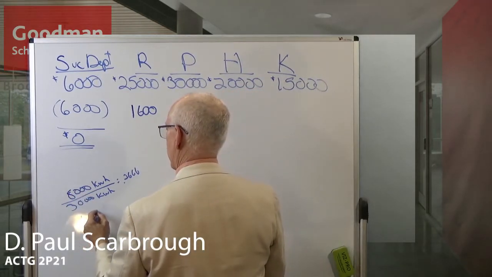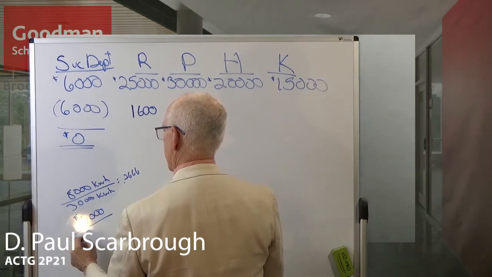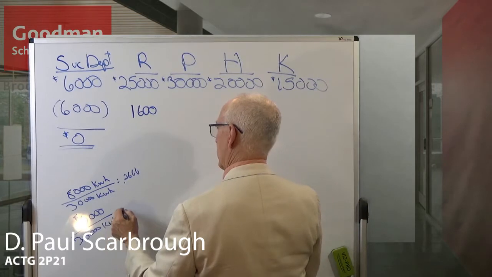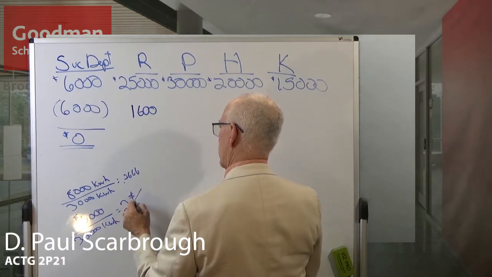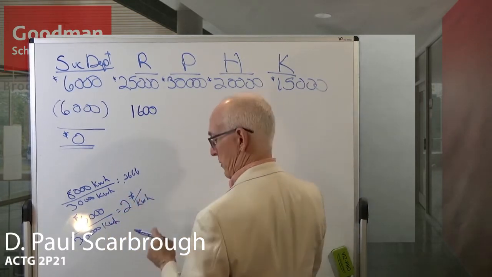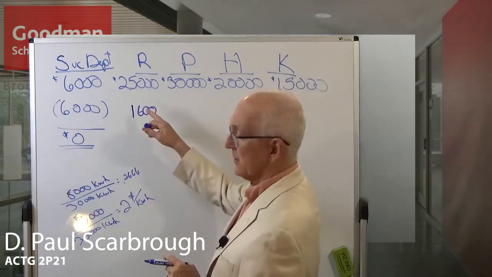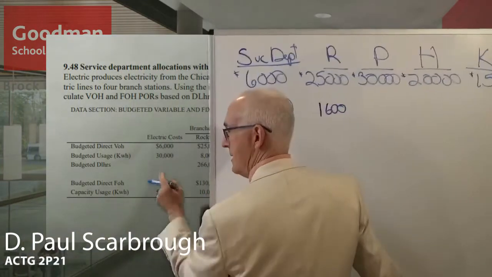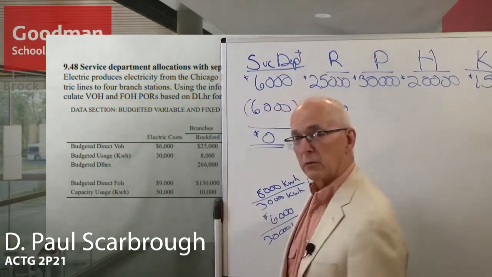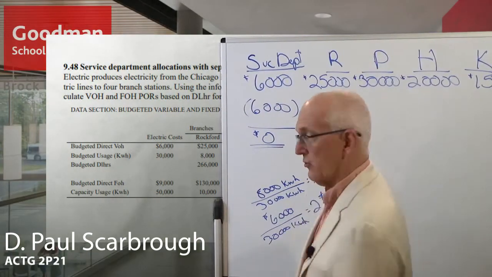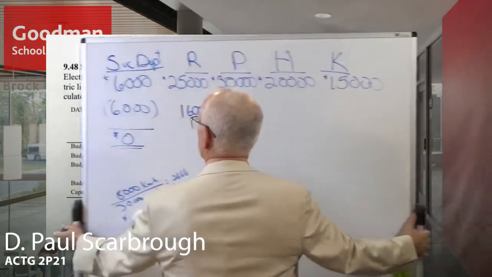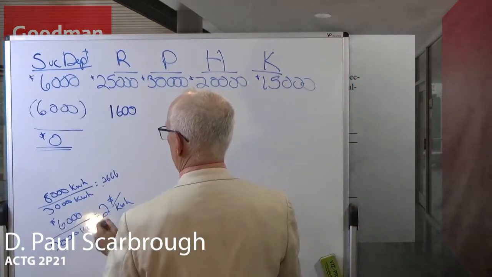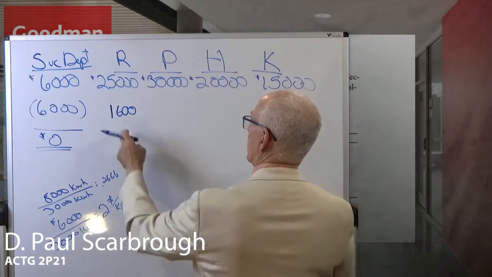Or you can take 6,000 divided by 30,000 kilowatt hours equals $2 per kilowatt hour, okay, times, I'm pointing to something that's not there, times the 8,000 kilowatt hours that the Rockford division used, from your data. So 2 times 8,000 would be, or actually that's not 2, it's 0.2. 0.2 times 8,000 would be 1,600.